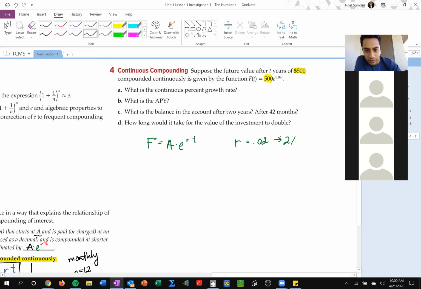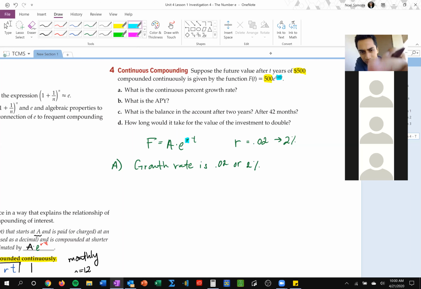So here we can say that the growth rate, or APR, is 0.02 or 2%. So that's for part A. You just have to know where to look. The rate will show up as the product with whatever the time is.